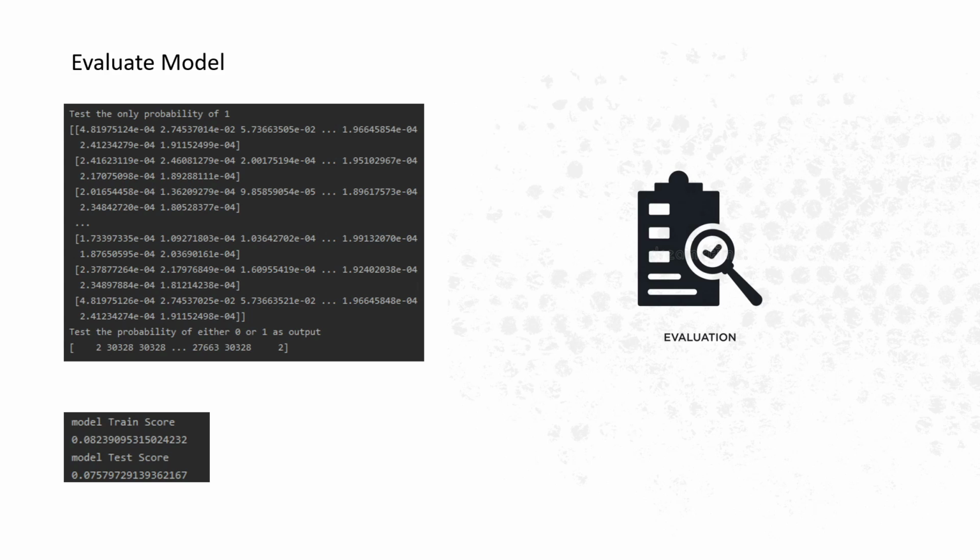So we get model train score and model test score. Why do we have 0.08 model score but not like 0.74 or something like that? It's because I decided to cut my data set, because it's pretty hard to load it every time when debugging, but in the end it will be okay.